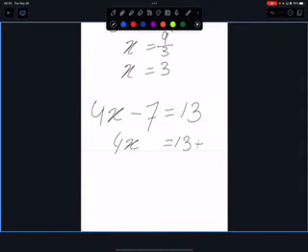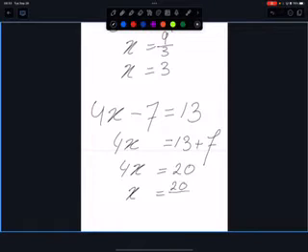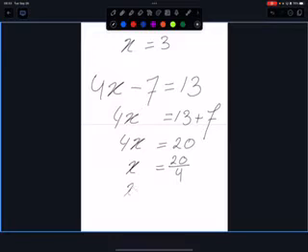You add 7. So 4x equals 20. So 4 multiplied by a specific number equals 20. 20 divided by 4 equals 5. Yes? Easy.